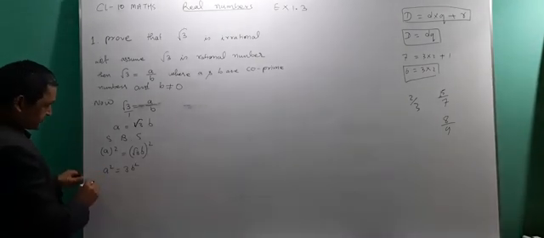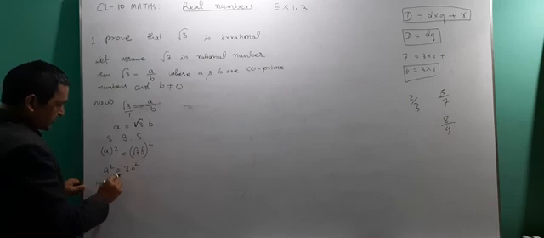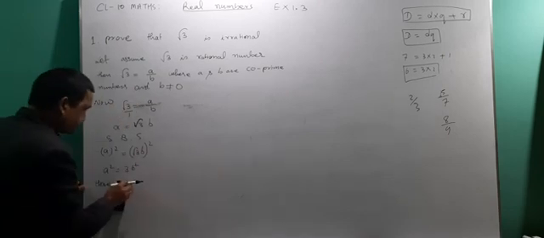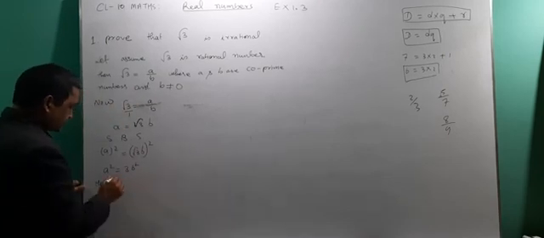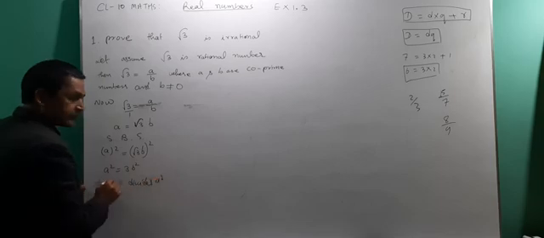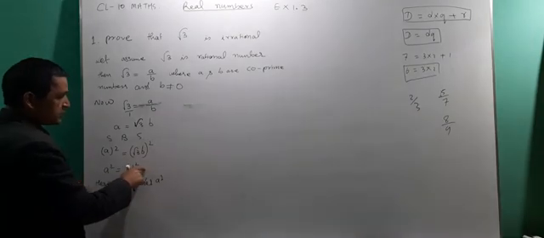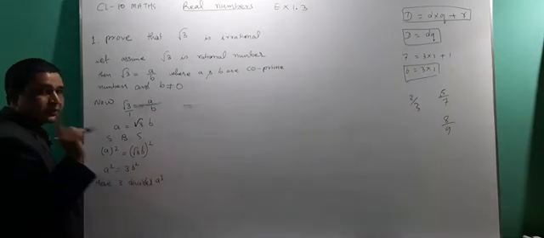Okay, now here 3 divides a square, because this is a perfectly divisible equation. There is no plus or minus. There is no plus or minus means the equation is perfectly divisible.